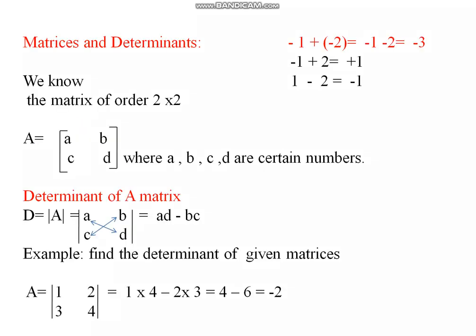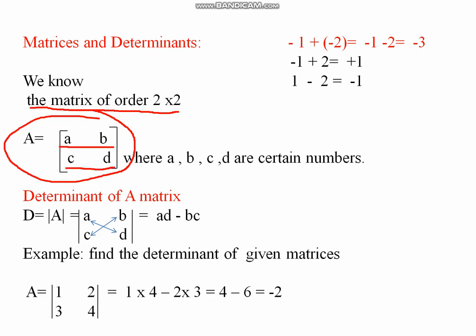We know the matrix of order 2 cross 2 is this type of matrix: A equal to [A B; C D], where A B is the first row, C D is the second row, A C is the first column and B D is the second column, where A, B, C, D can be a number, a function, or any symbol. So now how to find the determinant of matrix A?